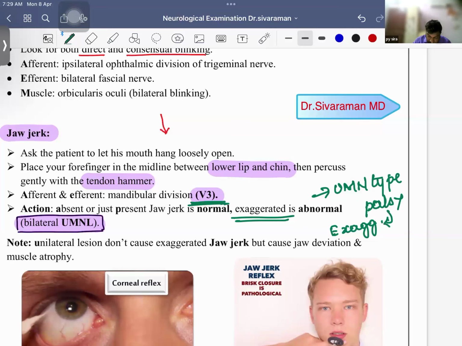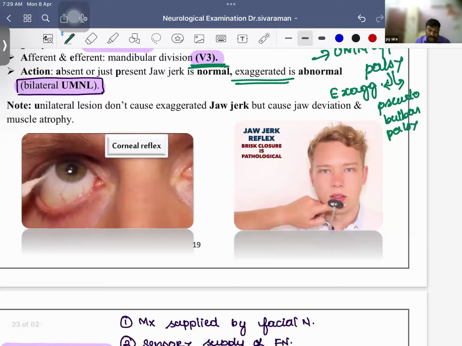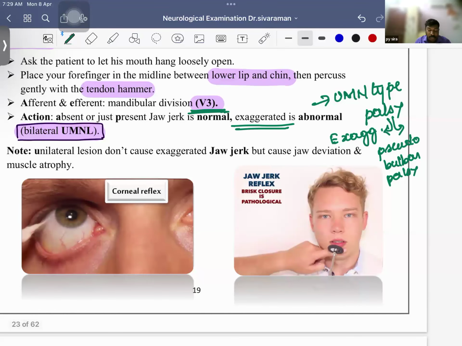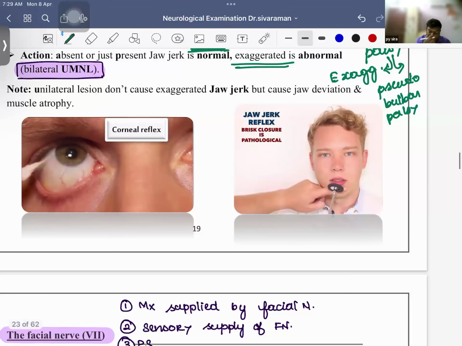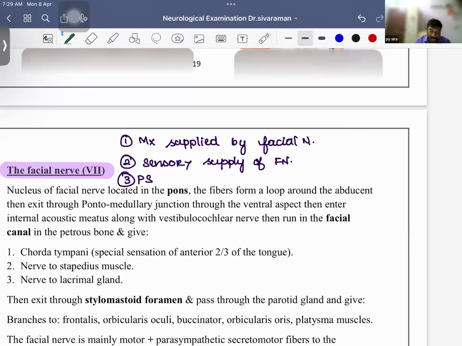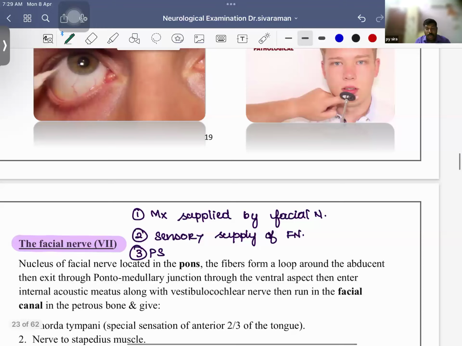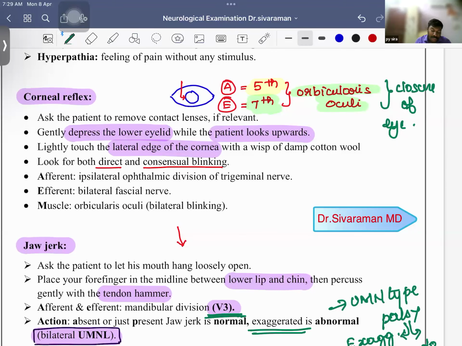This is called pseudobulbar palsy. So upper motor neuron type, fifth nerve involvement, exaggerated, is seen in pseudobulbar palsy. So this is about the overall functions of the fifth nerve.